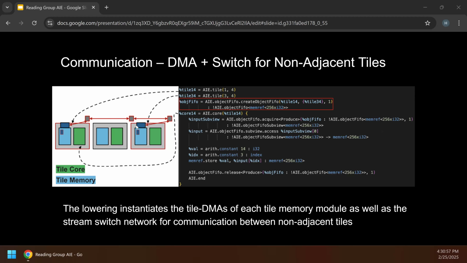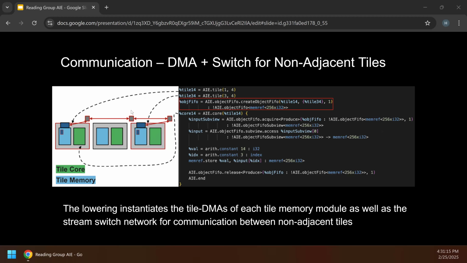One interesting thing about this lowering is that, let's say for this object FIFO, it needs at least 3 switch boxes along the path, right?